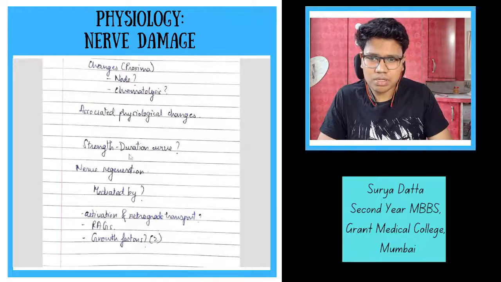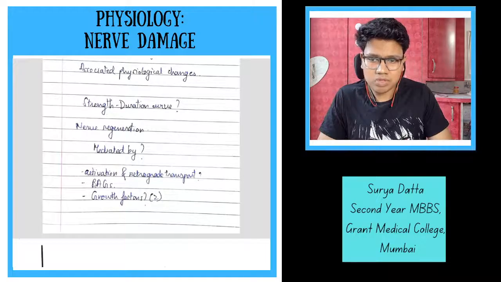I hope. But anyway, regeneration is mediated by the Schwann cells. We saw that. Now the activation and the retrograde transport. Basically, a lot of the nutrients and the growth factors will get activated and transported retrogradely. That's what this point basically means.